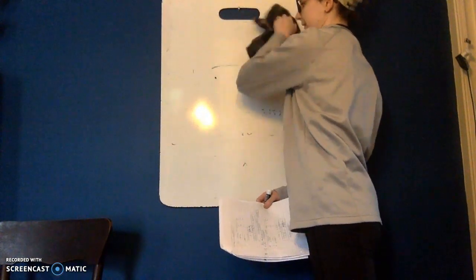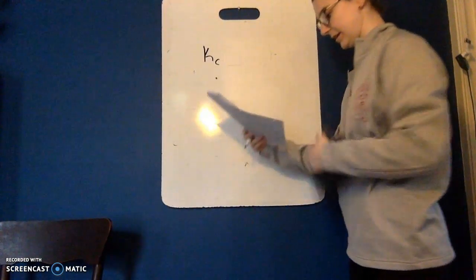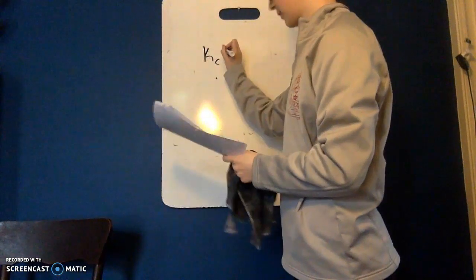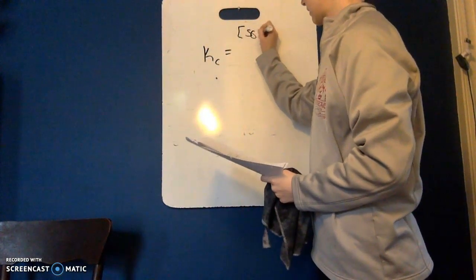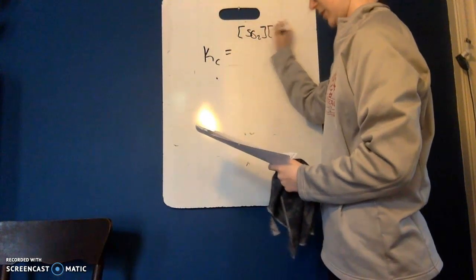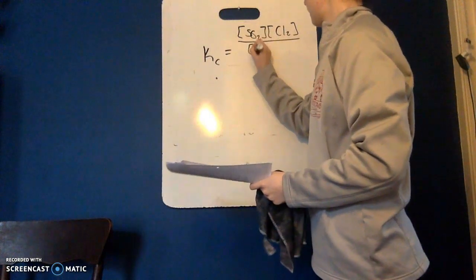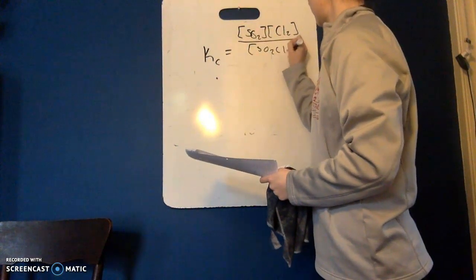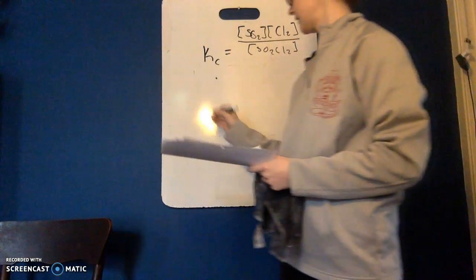Okay, for number 7, I'm going to find the Kc expression using the equation that is given. So I have the concentration of our products, SO2, times the concentration of Cl2, divided by the concentration of SO2Cl2. For part B, I need to set up an ice table.